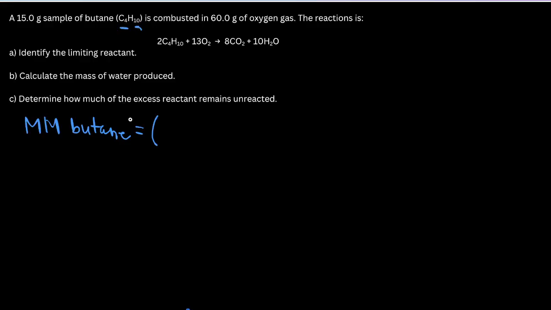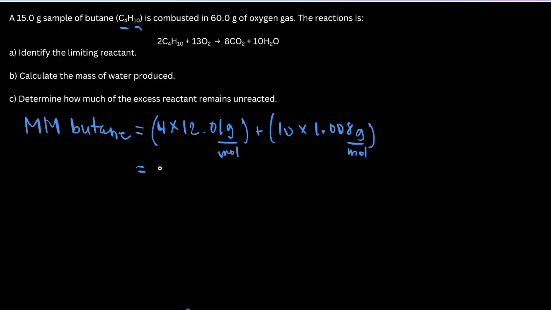So we would simply do 4 times the molar mass of carbon, which we can find in the periodic table, plus 10 times the molar mass of hydrogen, which again is available in the periodic table. Working out this calculation gives us an answer of 58.12 grams per mole. So this here is our molar mass of butane.